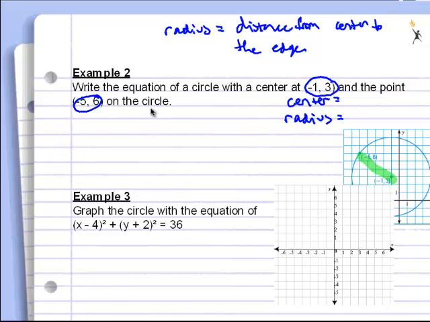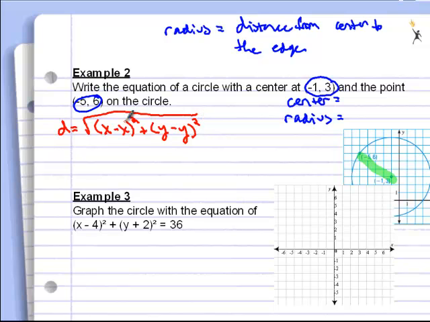And I want you to think, what have we learned this year that can help me find the distance between 2 points? And the answer to that, I hope that you understand, is the distance formula. A lot of you don't like it, but it's something that you do have to be able to use. We know that the distance between 2 points equals the square root of x minus x squared plus y minus y squared.